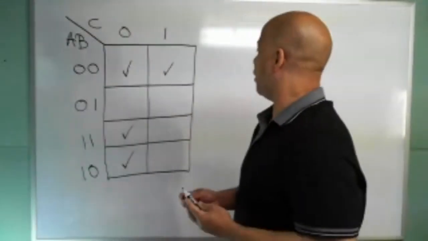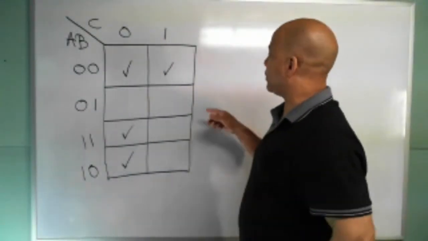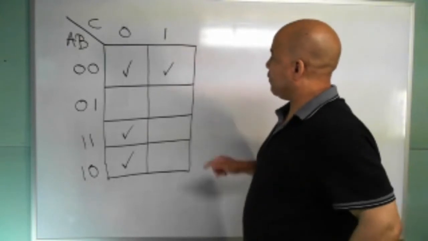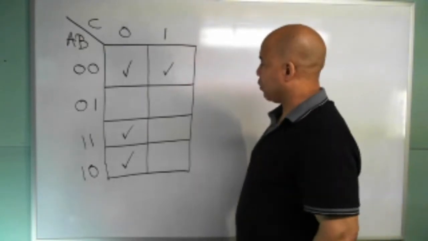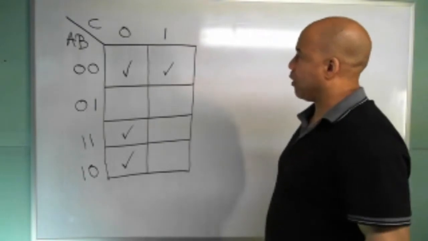All right, so I'll be quiet. I want you guys to see if you can group it. See if you can group this. How many groups do you have? And then we'll get the variables out of those groups.